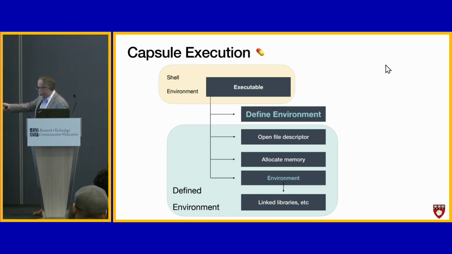It defines this environment, and then it loads this environment, which might have some things in common with what you have in your shell, but we set it to be defined so that anything that would break the application or interfere with its interaction with other applications, those things get unset. And we can make them available to the user so that they could set them if they wanted, but for the most part, it should just work.